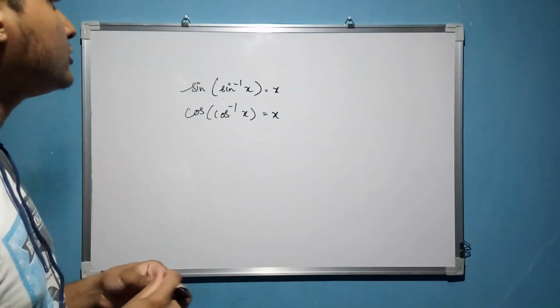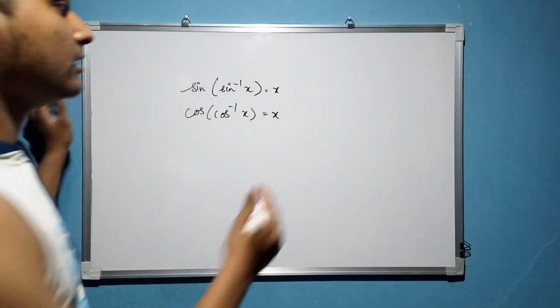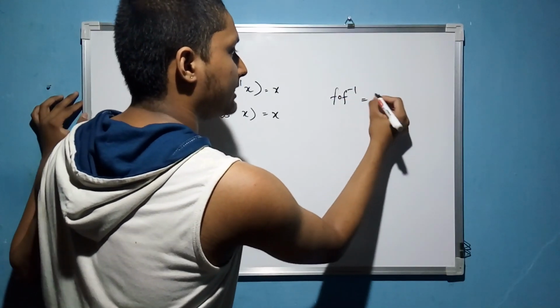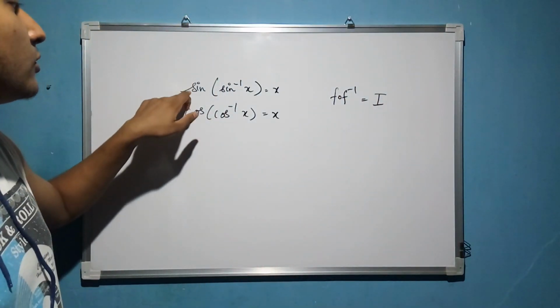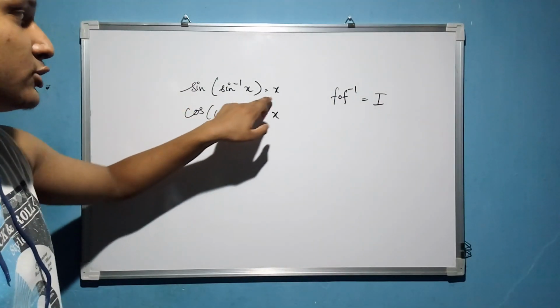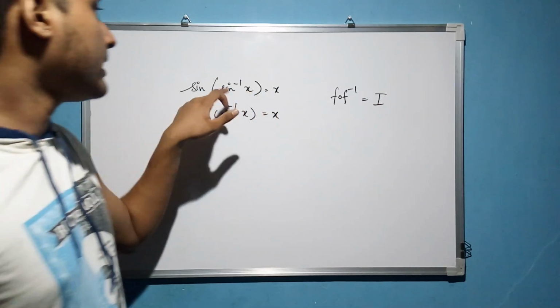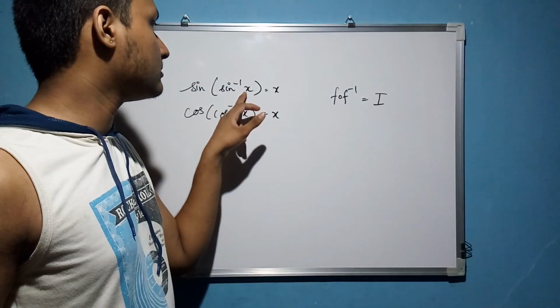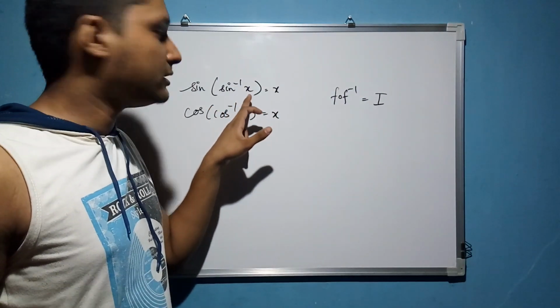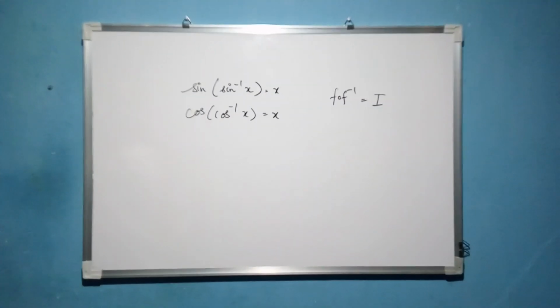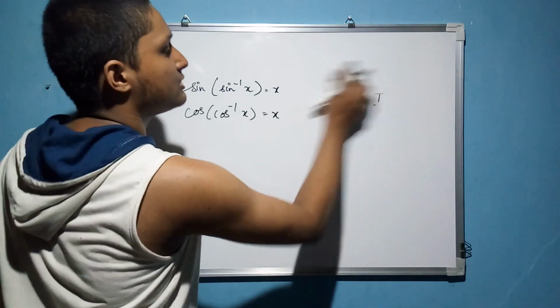For inverse functions, we know that f of f inverse is equal to an identity function. But what is the case here? x should be in the domain of this sine inverse function. What is the domain of that sine inverse function? That we need to mention here.